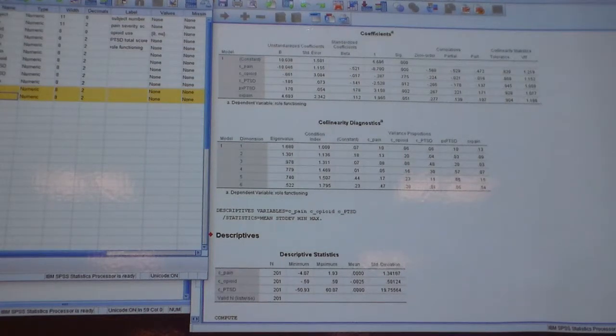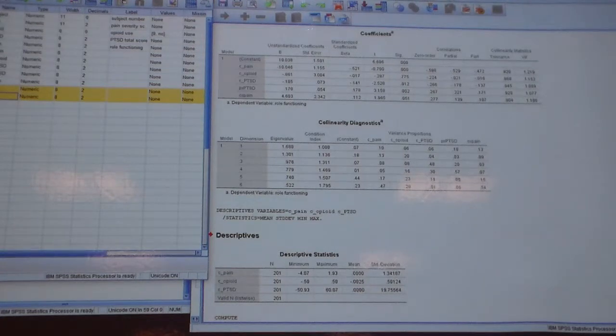So these are new variables where 0 now corresponds in the low pain variable to pain centered at low levels of pain. 0 represents a standard deviation below the mean of pain, right? In high pain, 0 now corresponds to a standard deviation above the mean of pain, right?